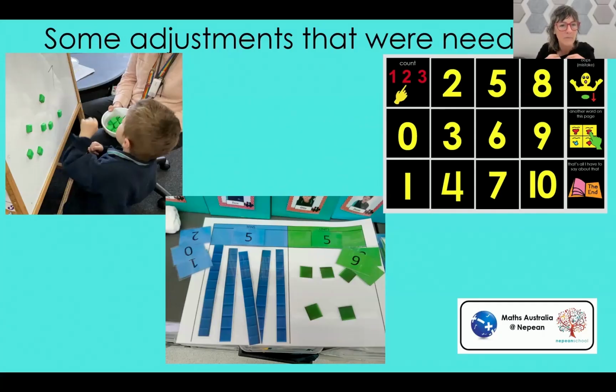Rather than them having to draw the representation, which is the most multisensory option with the student drawing themselves, they have a picture of the 10 blocks and the unit blocks. If the card shuffled, they've got a blue 5 and a green 5, they have to find 5 tens and then 5 units. And you can see from the picture there a representation of something 3-dimensional that they've worked with.